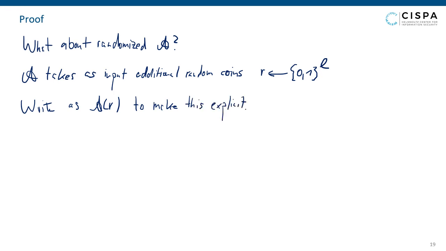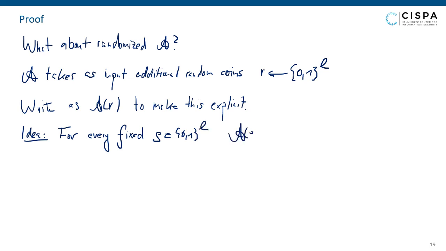So the idea is now, for every fixed string rho in {0,1}^L, A of rho is a deterministic algorithm.